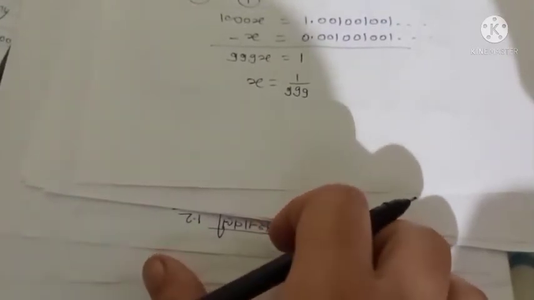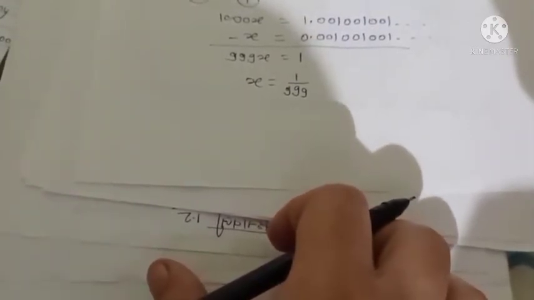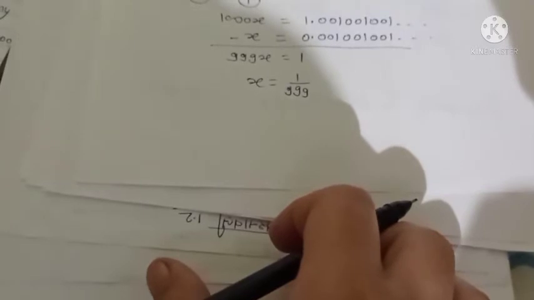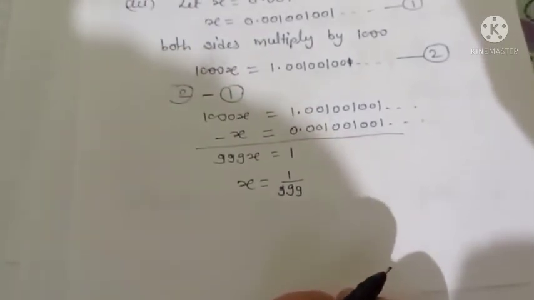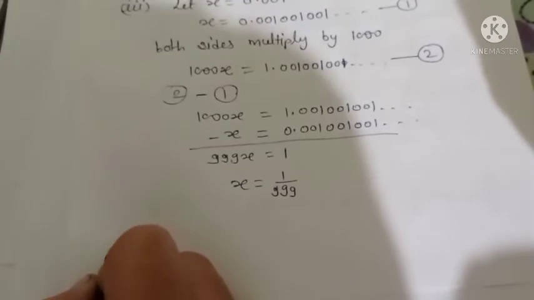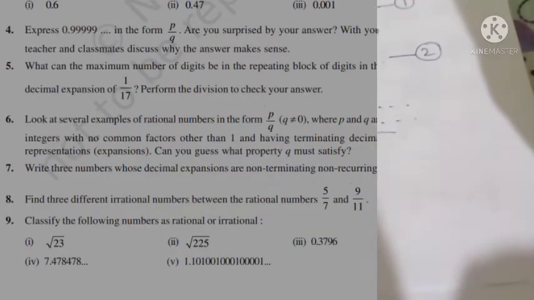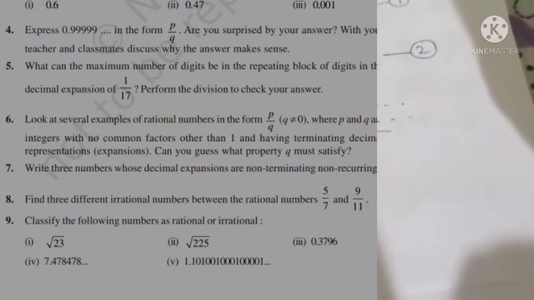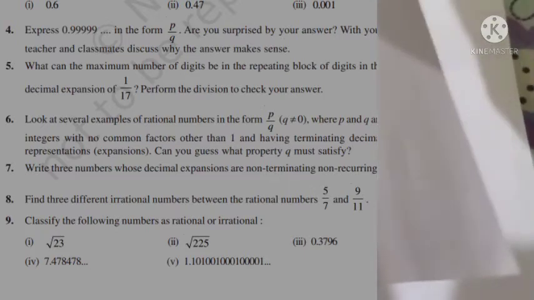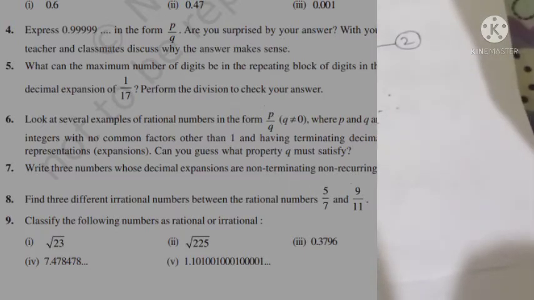Now come to the 8th question, because the 4th, 5th, 6th and 7th questions you have to do on your own. The eighth question is: find 3 different irrational numbers between the rational numbers 5 upon 7 and 9 upon 11.